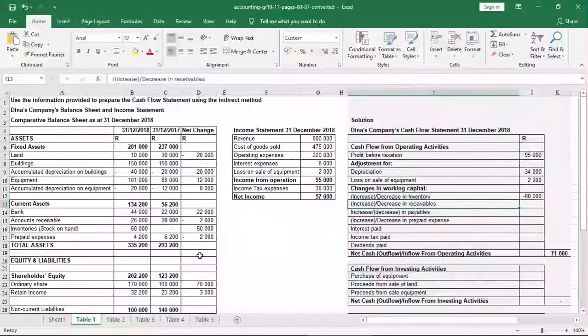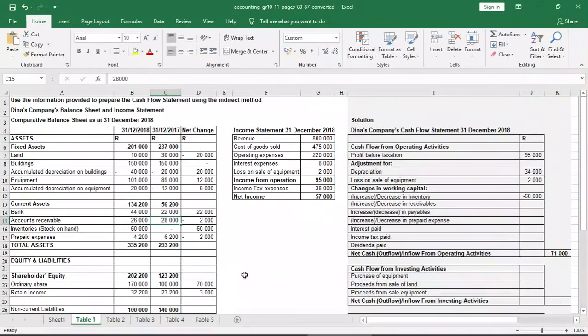And then receivables. If there's an increase in receivables, then it's also a negative, because we assume that we didn't get the cash from our customers when we sold to them. So it's a decrease in our cash flows, because we sold to them on credit, not on cash. So we go to our accounts receivable.